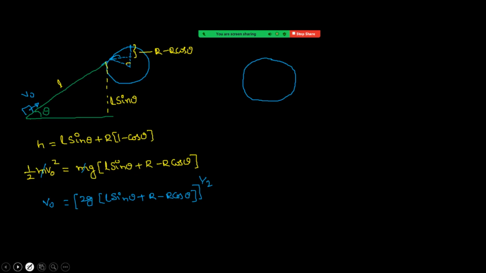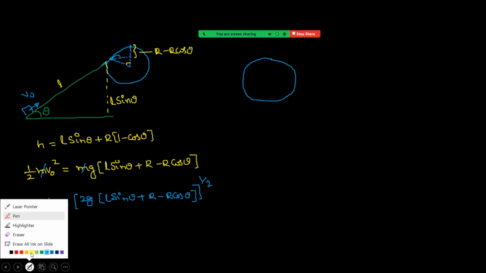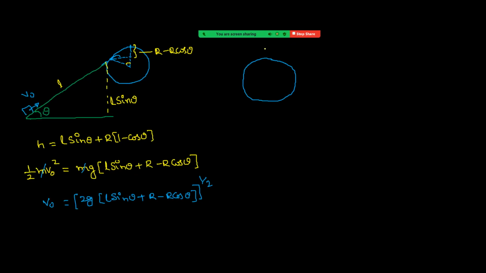First observe how many forces are acting on the object. One is mg, the gravitational force, downwards, and the normal reaction upwards. Okay. Here nothing is mentioned, so it is the normal reaction.